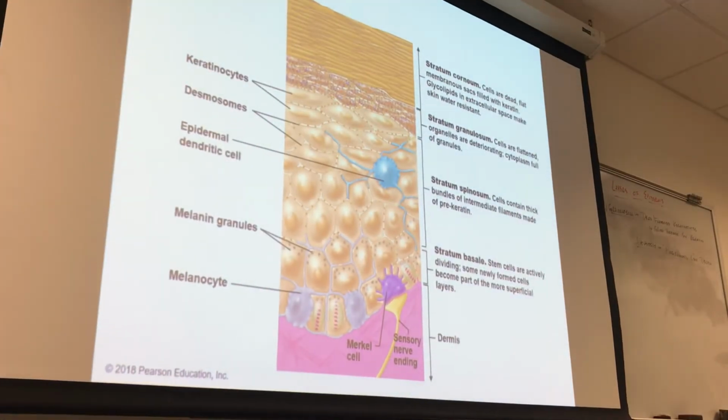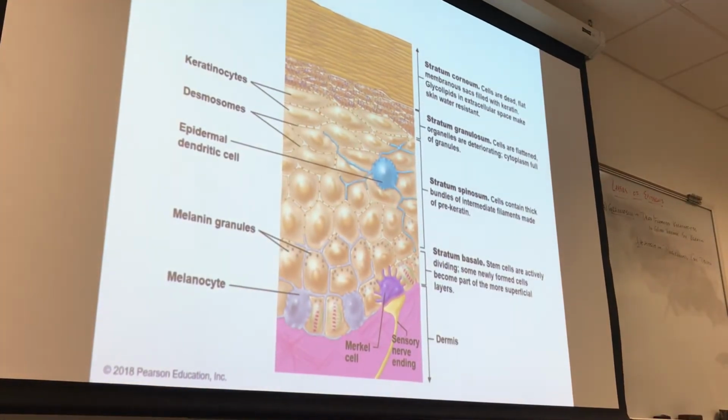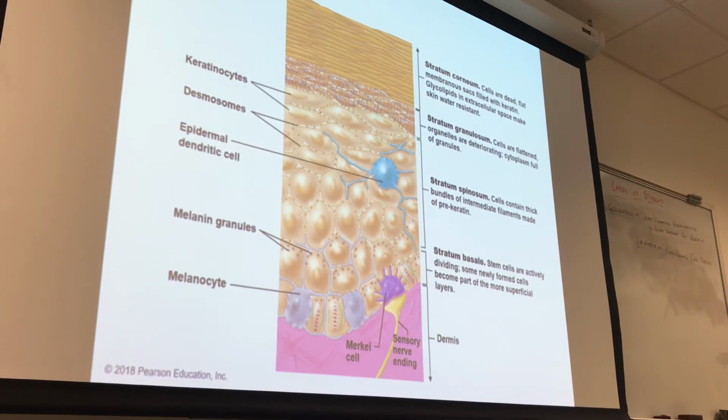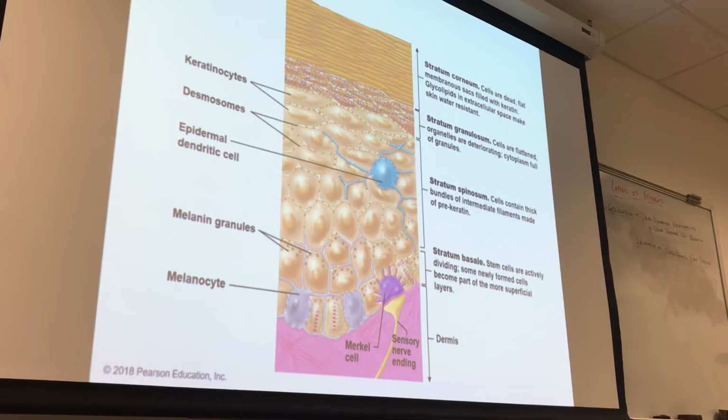So, the stratum lucidum is found in areas where we have increased friction to the skin. And what are the two key areas where we have increased friction within our skin? The palms of our hands, where else?